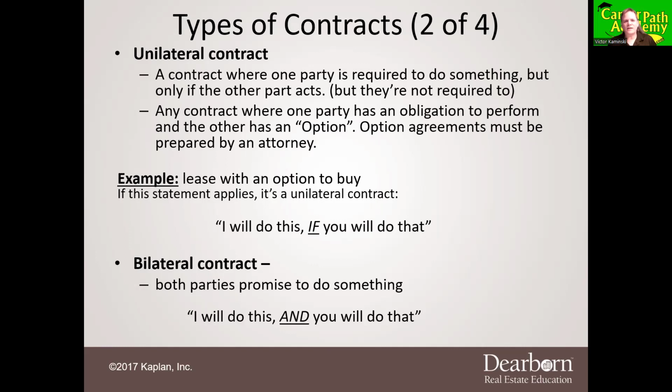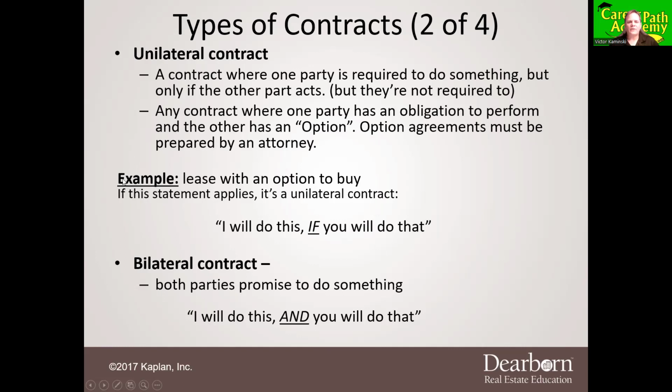That's basically what they're explaining. So any contract where one party has an obligation to perform and the other has an option is a unilateral contract. Unilateral contracts have options for people, and option agreements must be prepared by attorneys. We cannot prepare option contracts. That would be practicing law without a license.